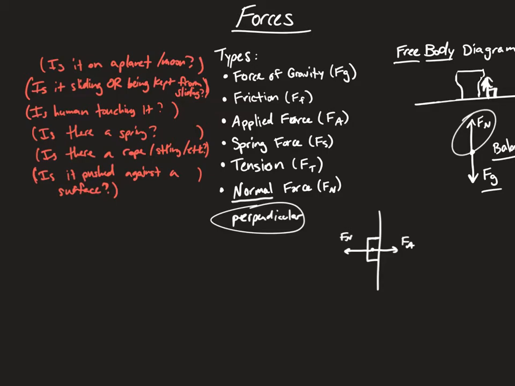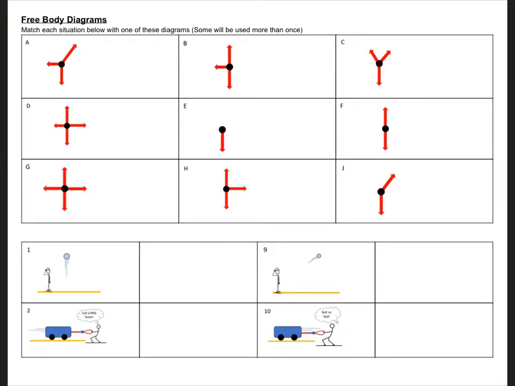Let's look at some of our practice. Okay, so let's quickly go through this. On this free body diagram matching, we have 9 options for free body diagrams, and they're listed A through J at the top. I've got 15 problems. Each one of those problems uses one of these free body diagrams. So it's a promise that some will be used more than once.